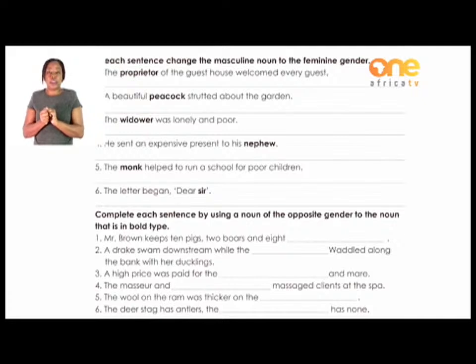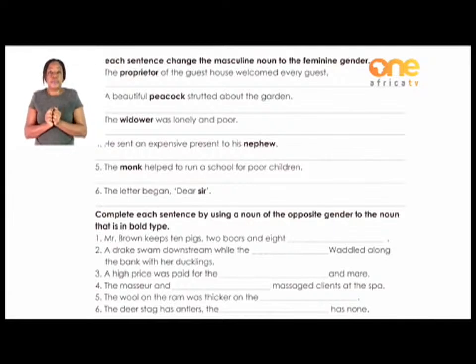Change the masculine noun to the feminine gender. The feminine is a female, the girl side. So each word which is bold is in masculine, is in male gender. Now change it to a female. If it was a girl or if it was a woman, how will you call that word? Or how will you call that gender?